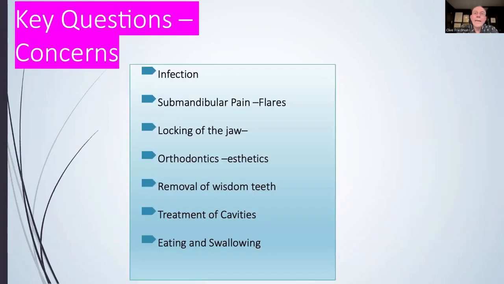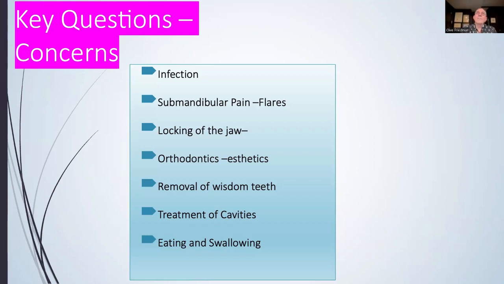So what are the key questions that we have for individuals with FOP? The key things that we're looking at from a perspective of oral health are infection, whether an individual has submandibular pain or flares underneath the jaw area, whether they end up having the locking or ankylosis of the jaw. Is orthodontics something that we recommend?